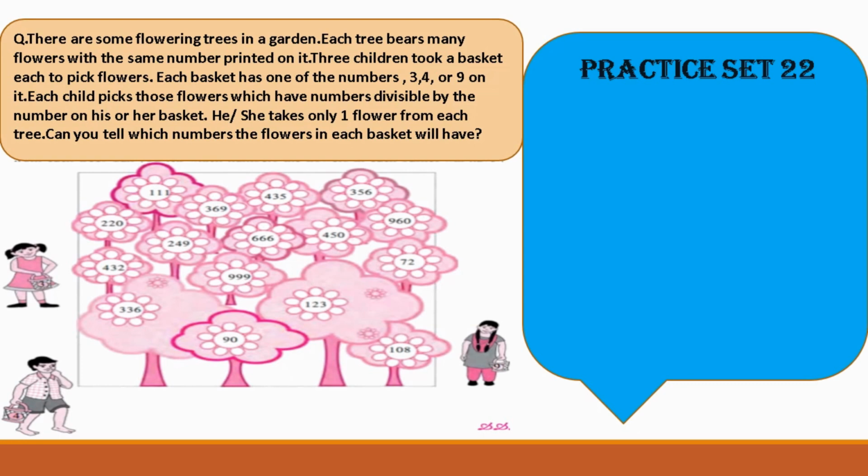Let's see the solution. Divisibility rule of 3. A number is divisible by 3 if the sum of its digits is divisible by 3.